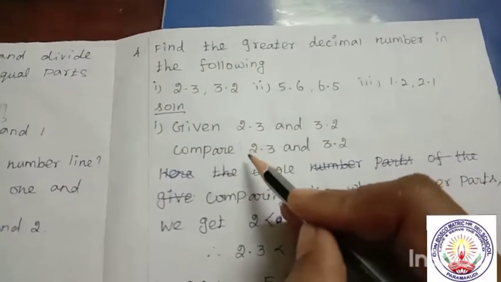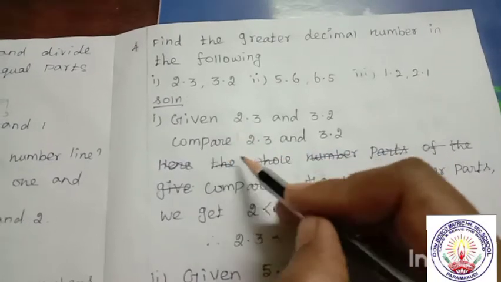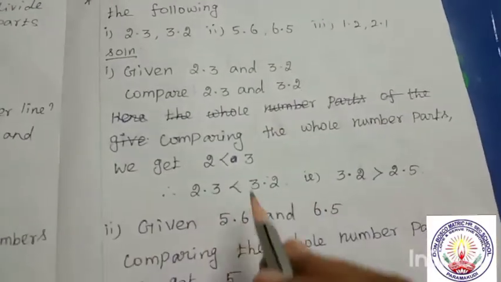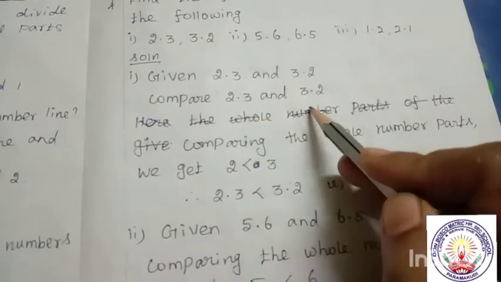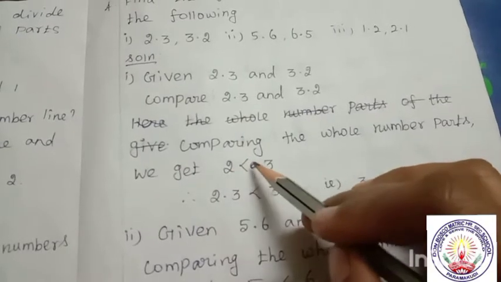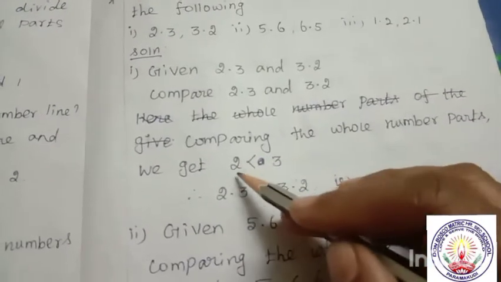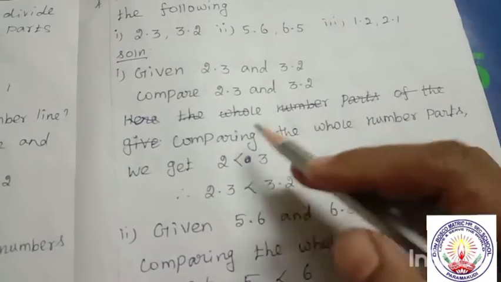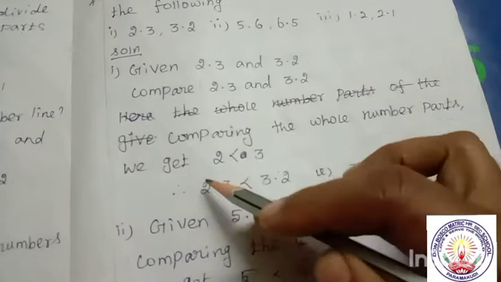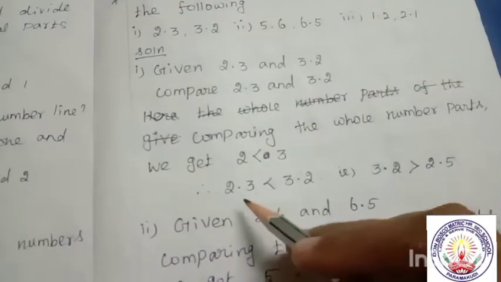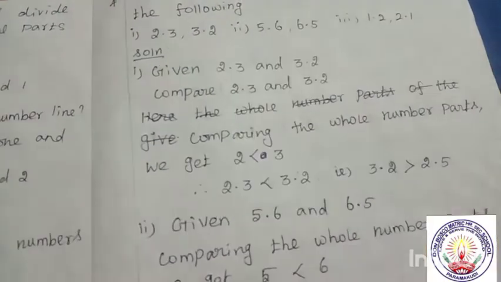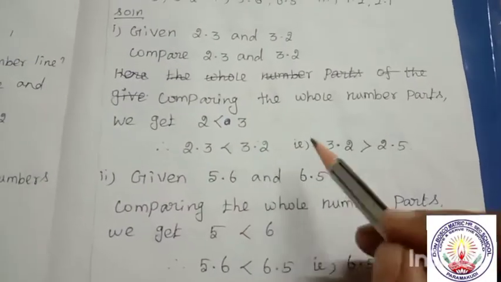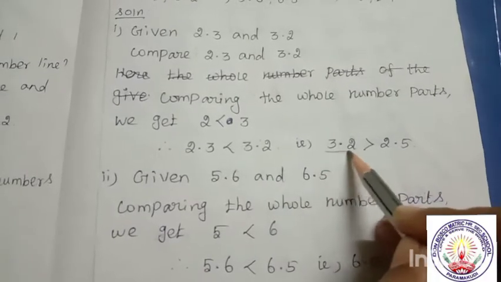Comparing the whole numbers: one whole number is 2, and the other is 3. Is 2 less than 3? 2 is the smaller number, 3 is the greater number. So 2.3 is less than 3.2. The greater number is 3.2.